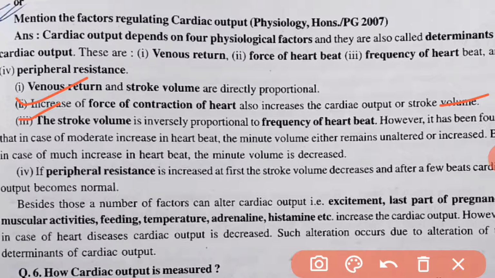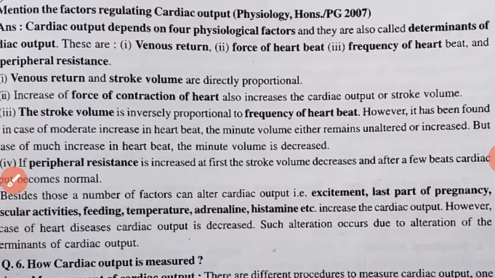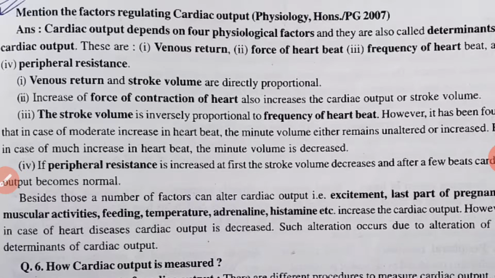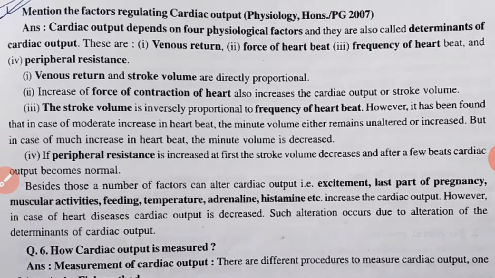However, it has been found that in case of a moderate increase in the heartbeat, the minute volume either remains unaltered or increases, but in case of a much greater increase in heartbeat, the minute volume is decreased.